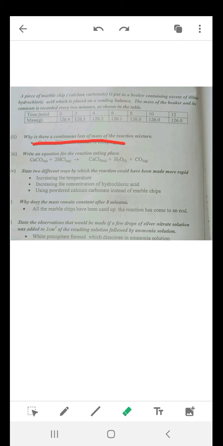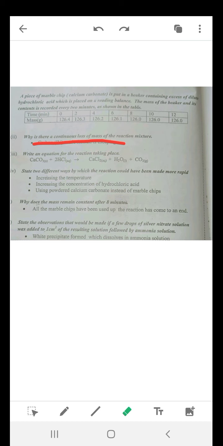If the reaction stops, no more carbon dioxide is being produced, so the rate of reduction in mass will also stop, because no more carbon dioxide is coming out. So the mass remains constant because all the calcium carbonate has been used up in the reaction. Or you can just say the reaction has come to an end.